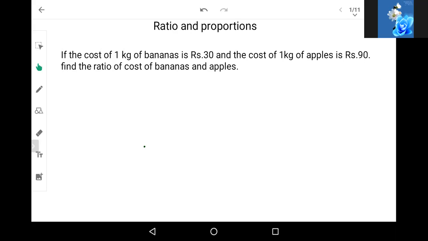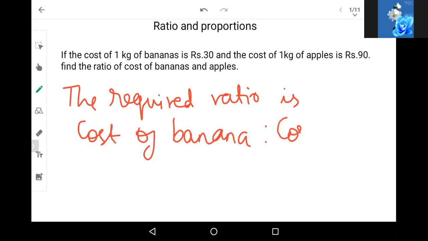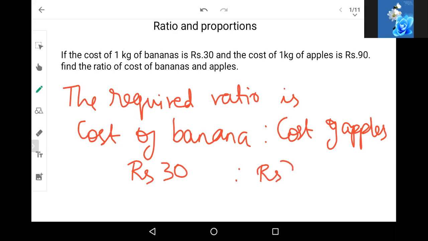So all that we have to do is very simple. The required ratio is cost of banana is to cost of apples. Very good. So the cost of banana is rupees 30 is to cost of apples is rupees 90.